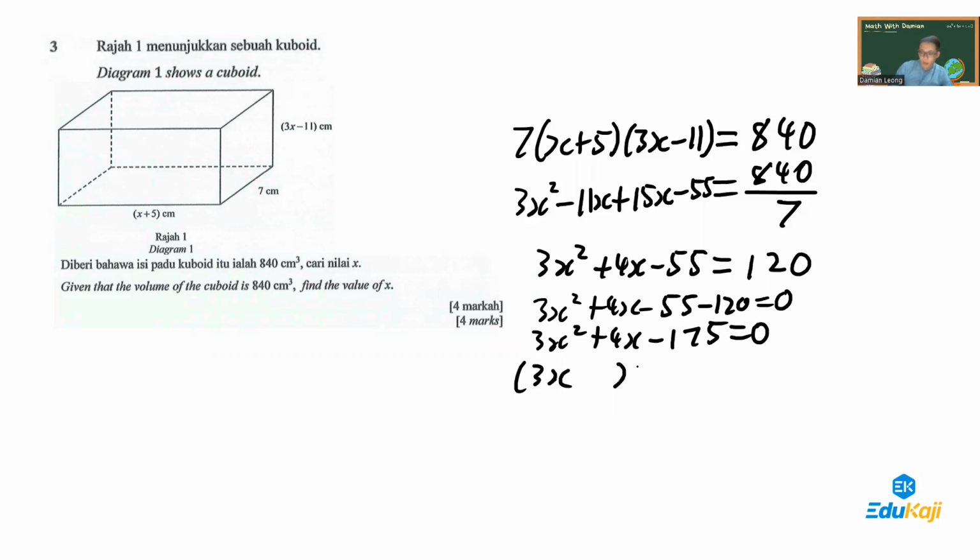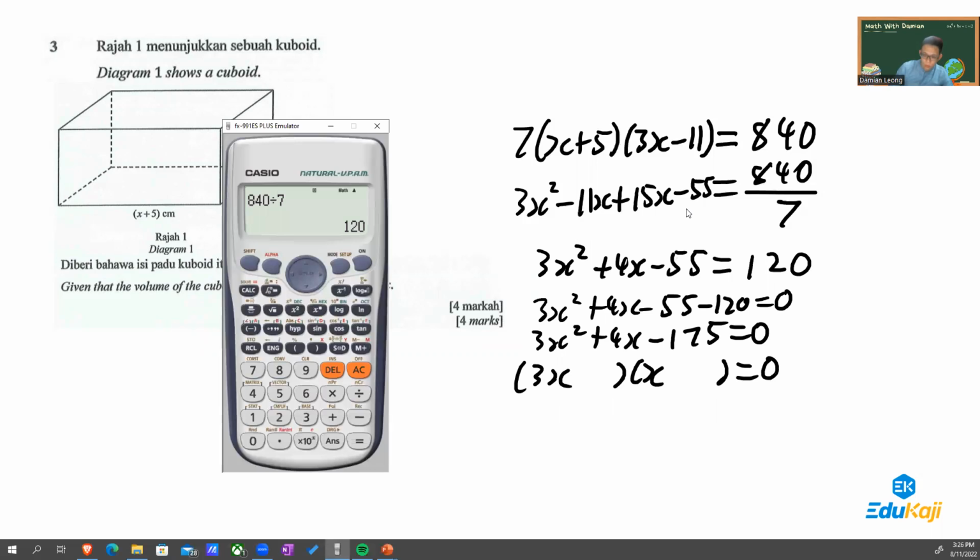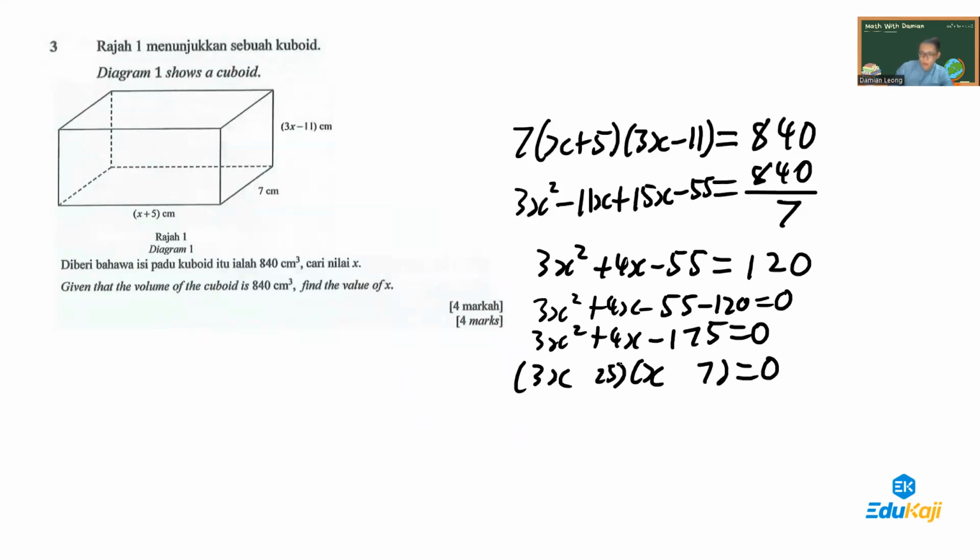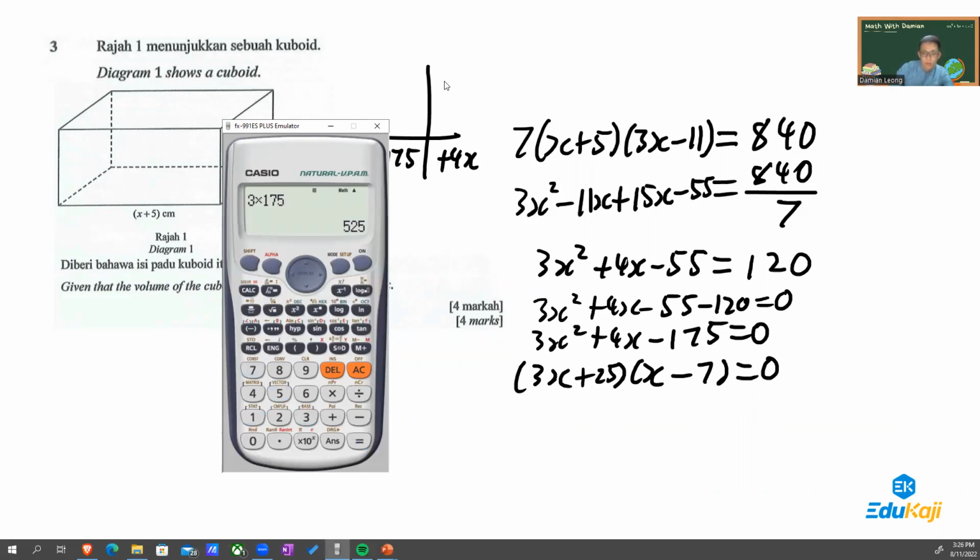So factorize this. (3x )(x ) equals 0. Yeah, 7 here, 25 here. So plus 25 minus 21, I get 4x. If you want, you can use the cross method. 3x squared minus 175, middle term plus 4x, 3 times 175 is 525.